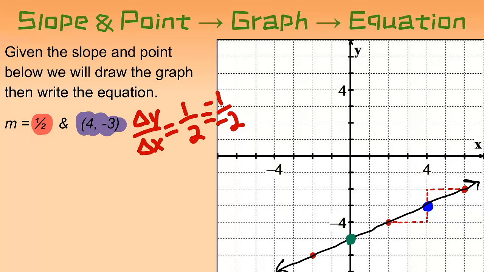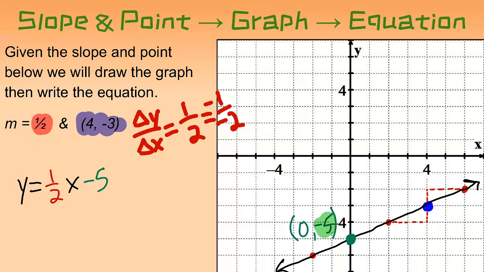So in our equation, we can just write y is equal to 1/2 x, and then our b value there, (0, -5). So negative 5 is our b value.